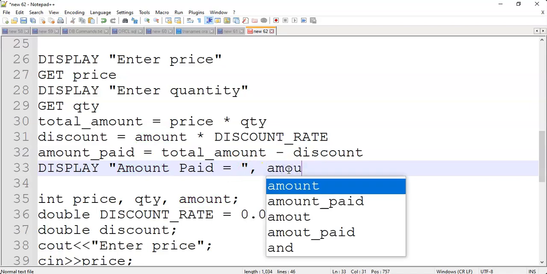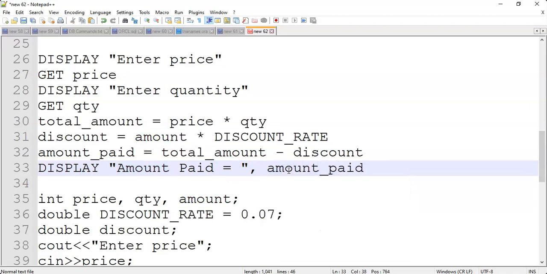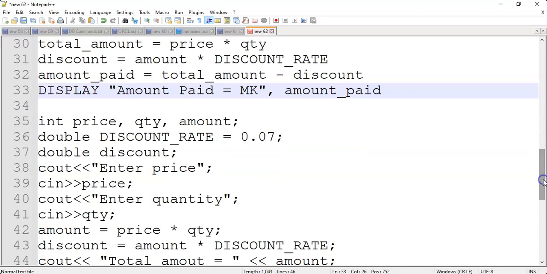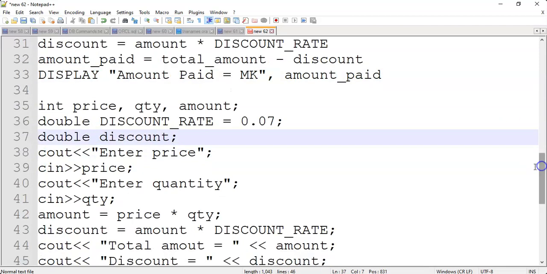So we are going to say amount paid. We can try to make it look nice, to look like they are kwachas. Maybe we can just say MK, amount paid. Okay, so here the same will apply to our program.